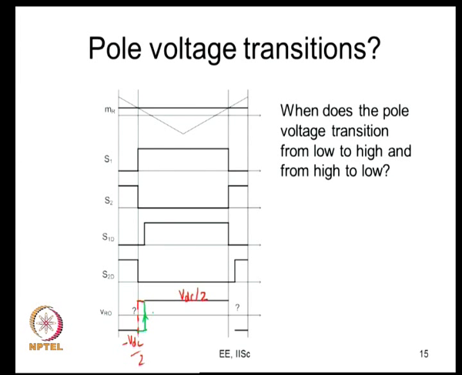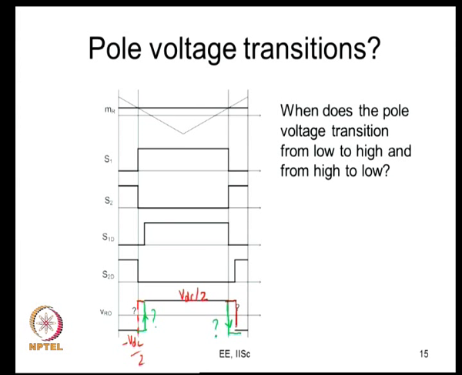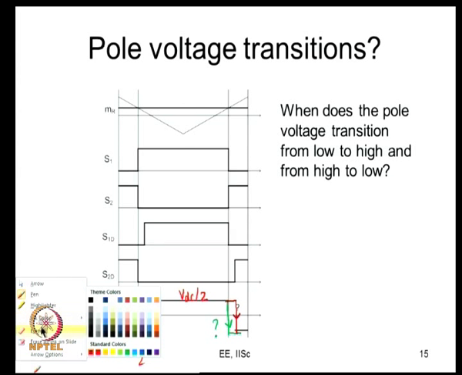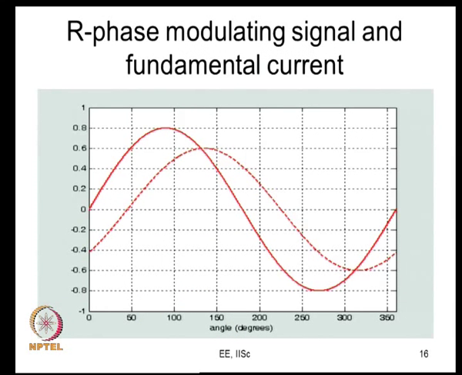We do not know. The same way here also, does VRO make a transition like this, or at this instant? We do not know. So, how can we find that out? That actually depends upon who conducts, transistor or diode, or which transistor, which diode. So, let us see how that can be resolved.